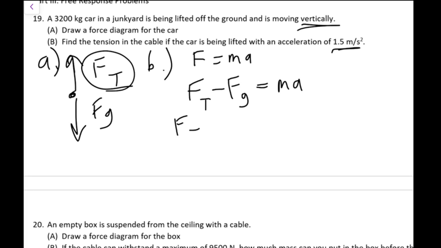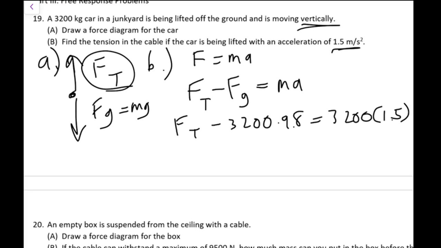So I got Ft minus, remember, Fg is mg. So this is 3,200 times 9.8. And that equals 3,200 times 1.5, which means that Ft is 36,160 newtons.